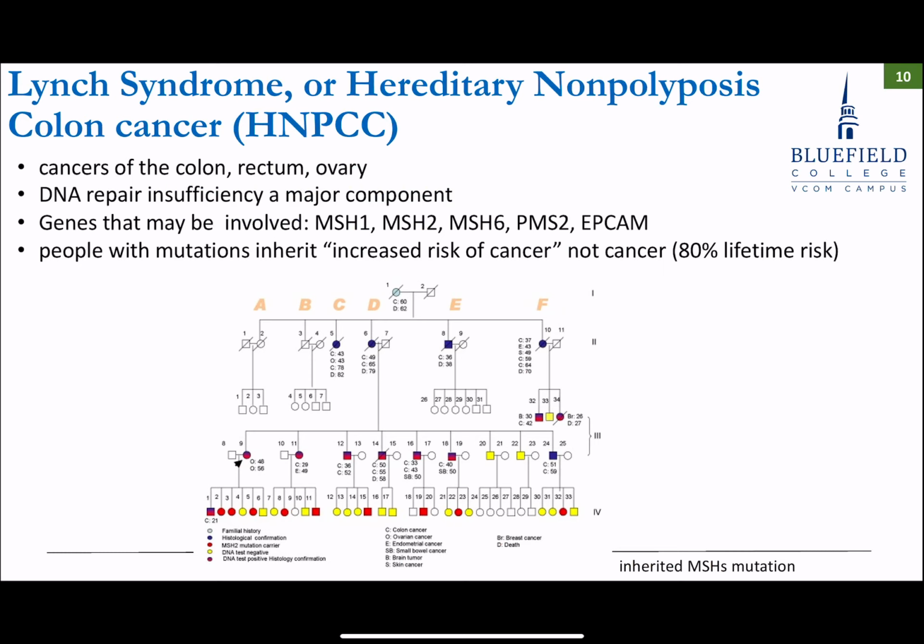So in this case, this is reduced penetrance, right? The second hit is somatic. The first mutation is germline.